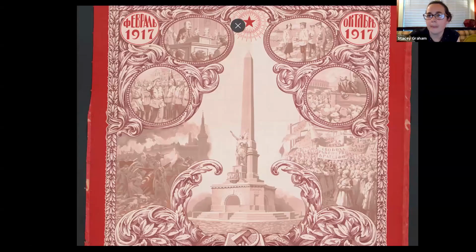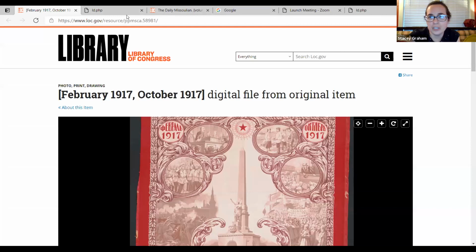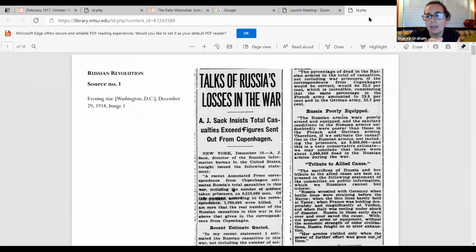Okay, so I made a student packet, and this is what you would divide students into groups with, and you would give each group one primary source.